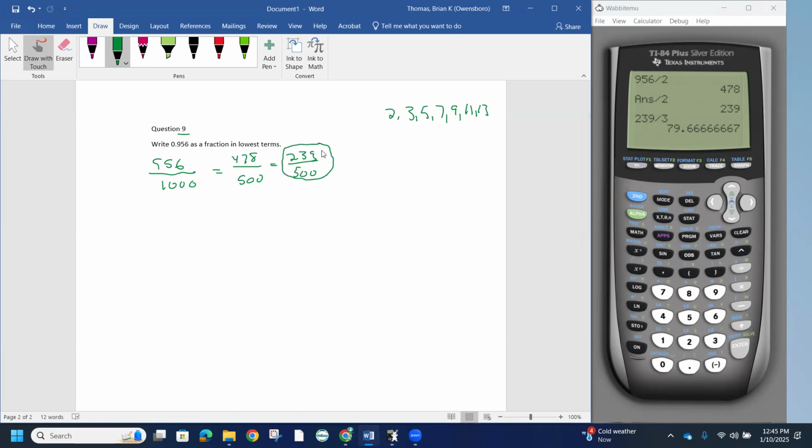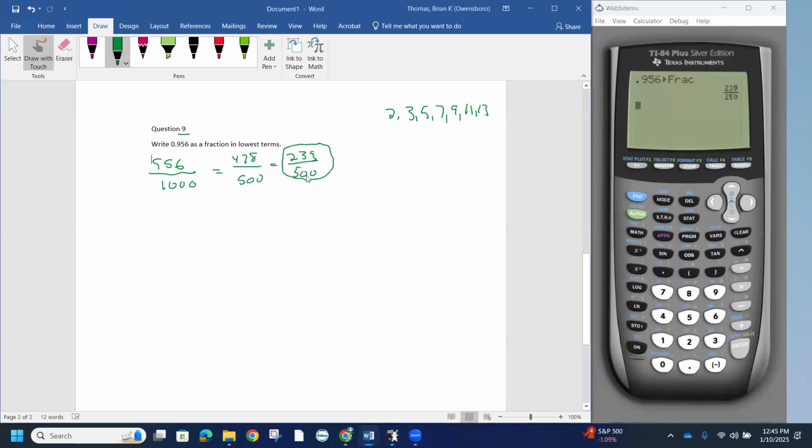Now, what I can do to make it easier is I can just type 0.956 into the calculator, hit the math button, and say turn that into a fraction. It gives me 239 over, oops, looks like I forgot to take half of the 500 there, didn't I?